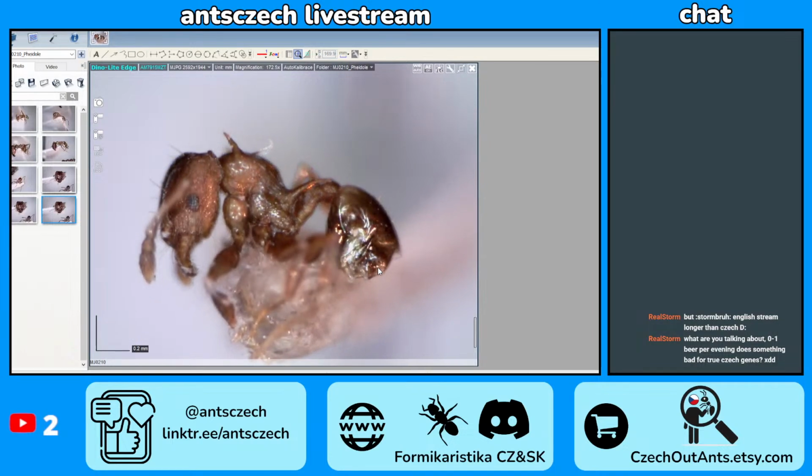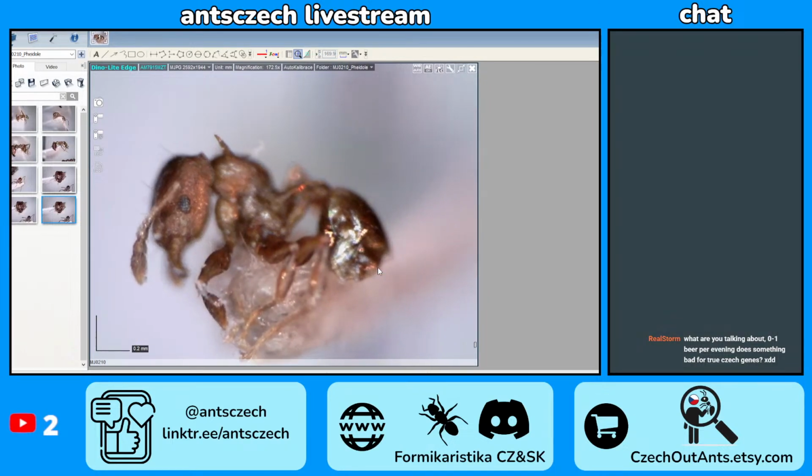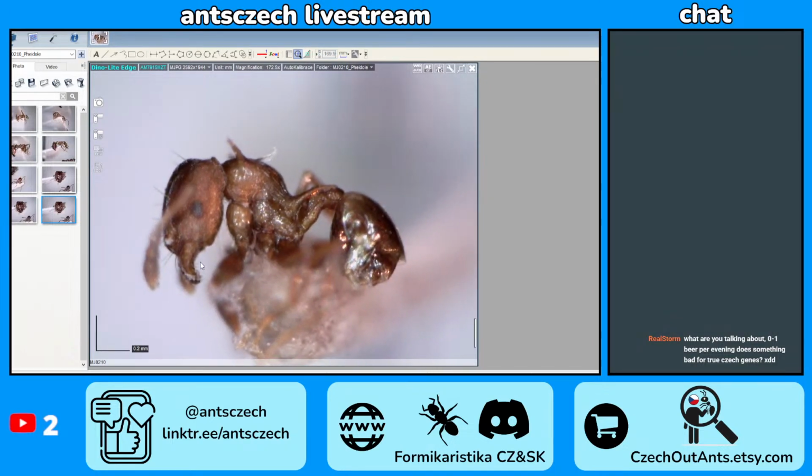Zero to one beer per evening does something bad for true Czech genes? Probably not. Not even German genes. English stream longer than Czech. But you're already on the next species. We're even talking about whether zero to one beer per evening does something bad for true Czech genes. Yeah, one beer is okay.